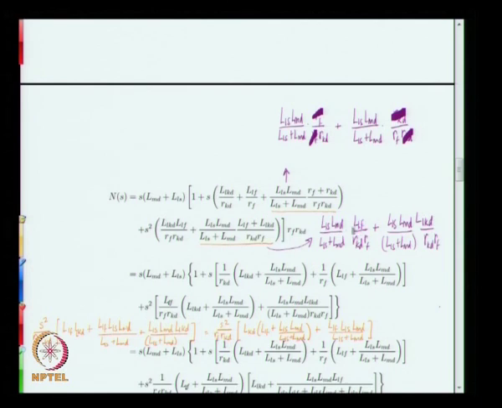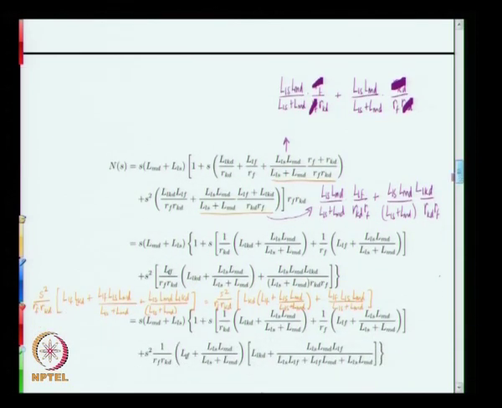Therefore if we combine this and this term, we can take out LLF by RF RKD, we are left with LLKD plus this term coming over here, and then the term that is there here is LLS LMD LLKD divided by LLS plus LMD multiplied by RKD RF. This term then comes over here.